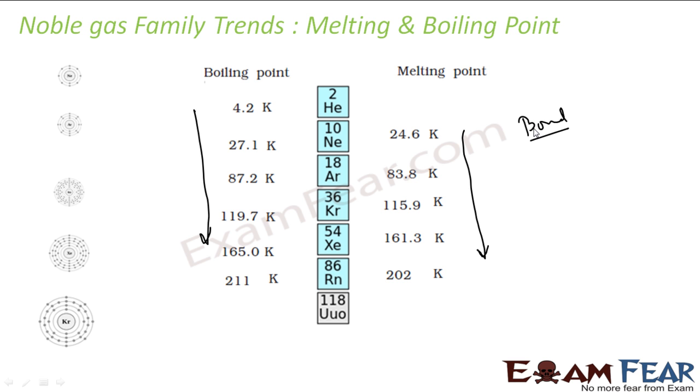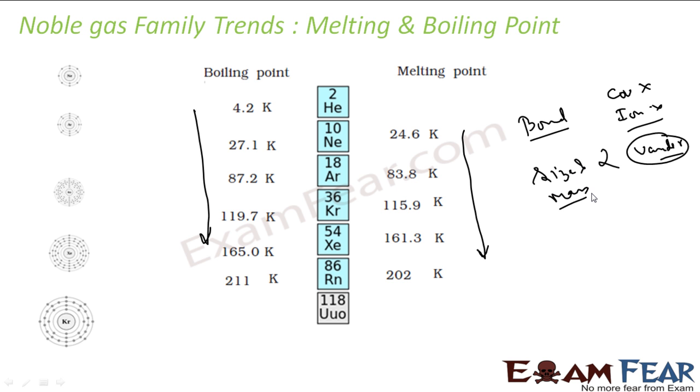Complex is the structure, the more is the melting point and boiling point. But in case of my noble gas, we don't have covalent bond, we don't have ionic bond, right? The only bond we have is van der Waals force. Now this van der Waals force is directly proportional to size and mass. Correct? For atom, if you go down the group, my size is increasing, also the mass is increasing.